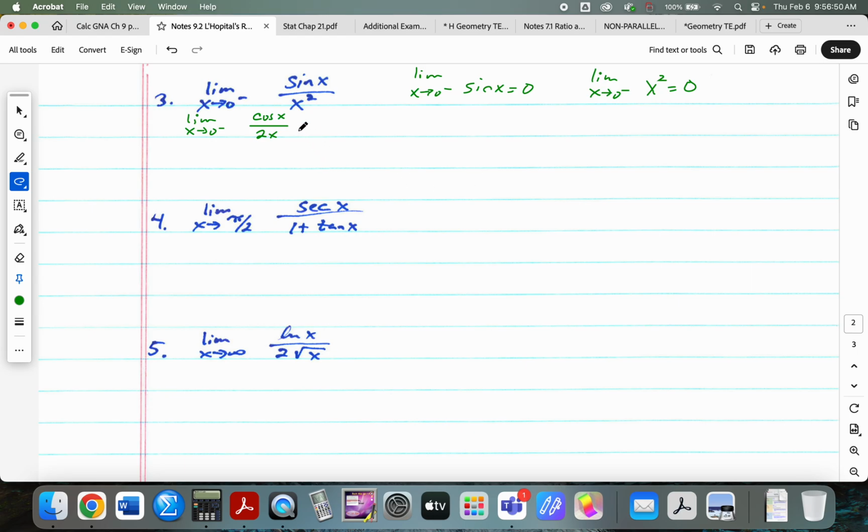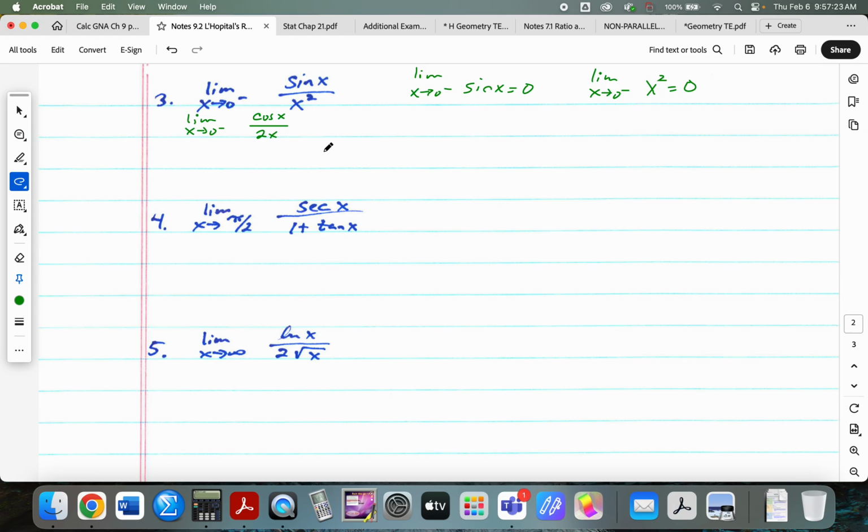Now, the numerator, as x goes to 0, approaches what? 1. And as we approach 0 from the left, 2x is going to approach 0, but it's always going to be what kind of a number? Is it going to be positive or negative near 0? Negative. It's going to be a negative number near 0. So I have something that's getting close to 1 divided by something that's getting close to 0 but is always negative.